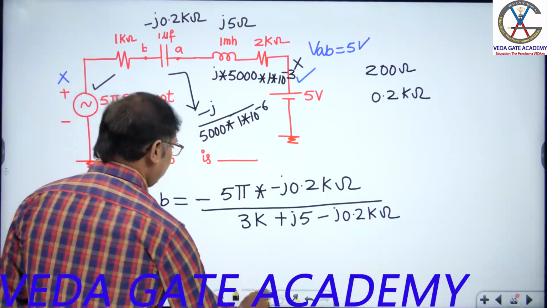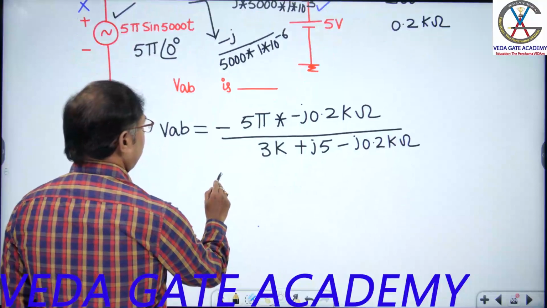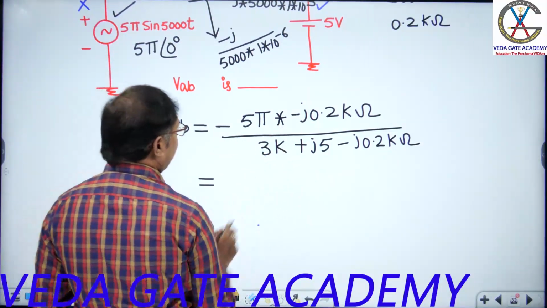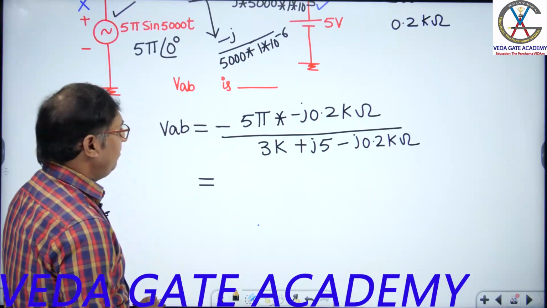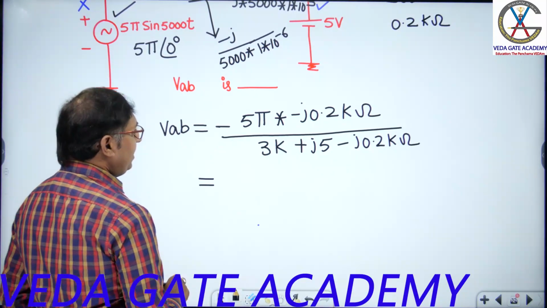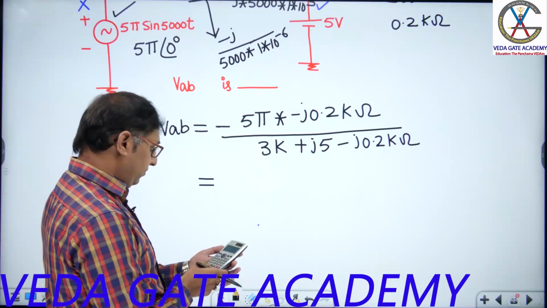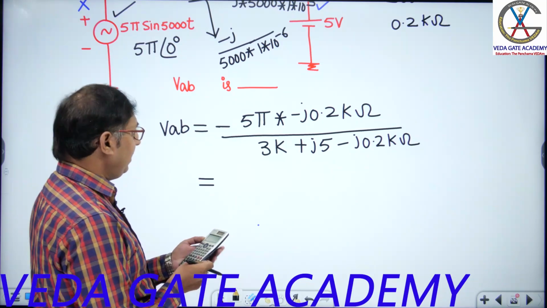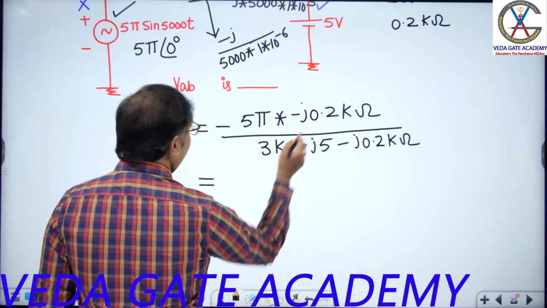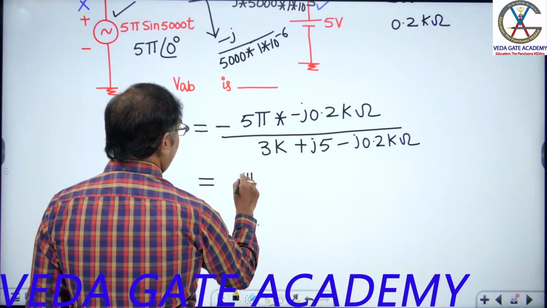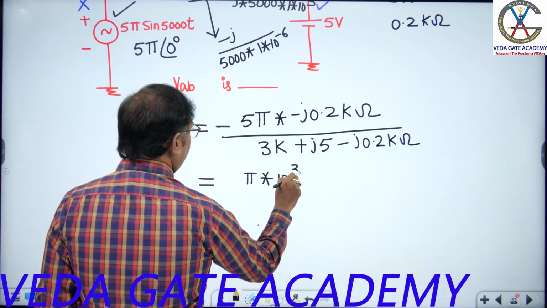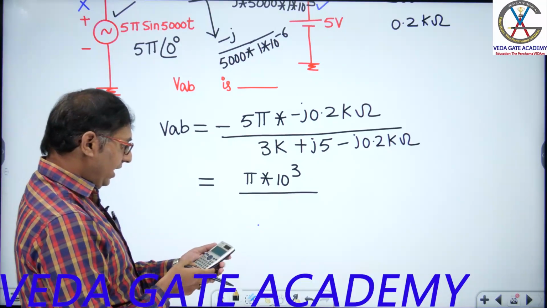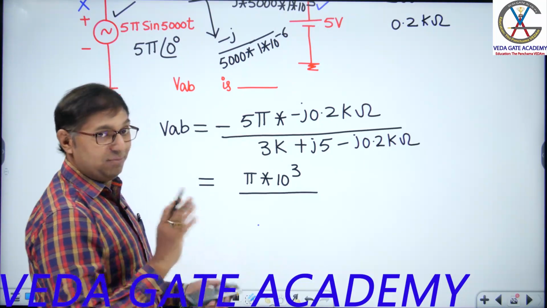How shall we solve this? If you proceed further, you will get the value. Minus of minus is a plus, 5 pi. 5 pi into 0.2 is simply pi. So pi into 10 power 3 by the denominator. 5 into 0.2 is perfectly 1.